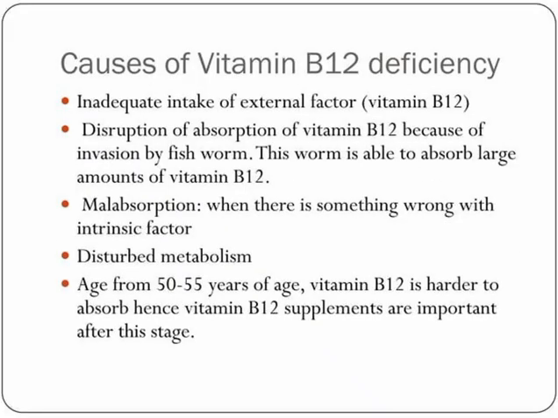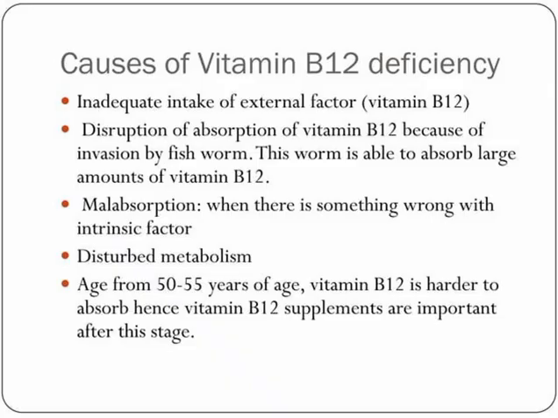Next will be the causes of vitamin B12 deficiency. First will be inadequate intake of external food sources containing vitamin B12, which are primarily fish products, meat and dairy products. Another will be parasitic interference like fish tapeworm, which is an invasion by the fish tapeworm, especially Diphyllobothrium latum, in the intestines.